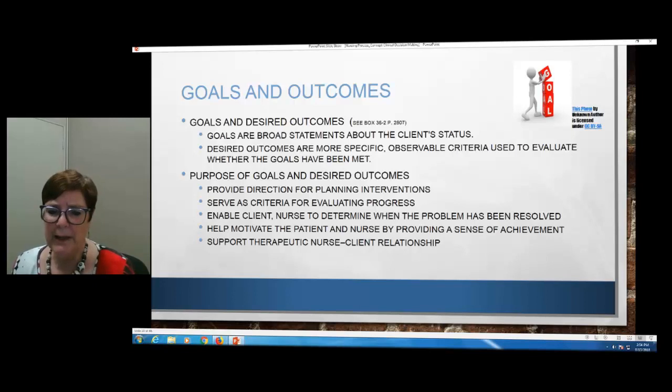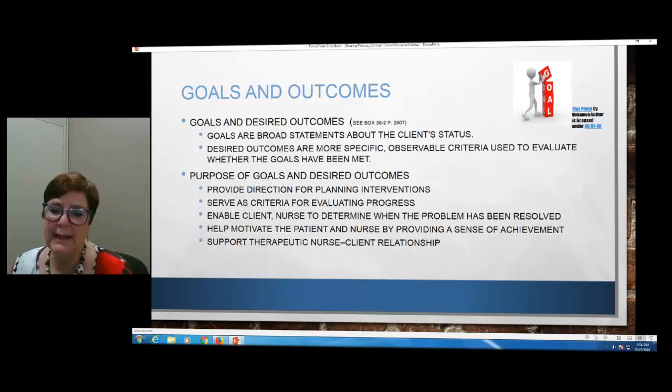If we set a plan in place, we've defined a problem from our assessment data. And so we're going to put a plan in place to either reduce, improve, or prevent that happening. So how are we going to know that we're being successful unless we have put a plan with goals out there?